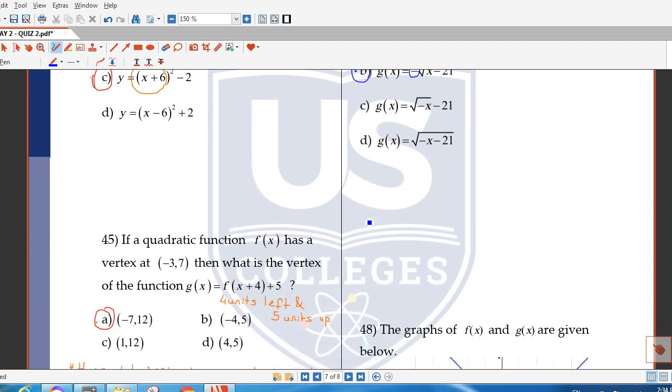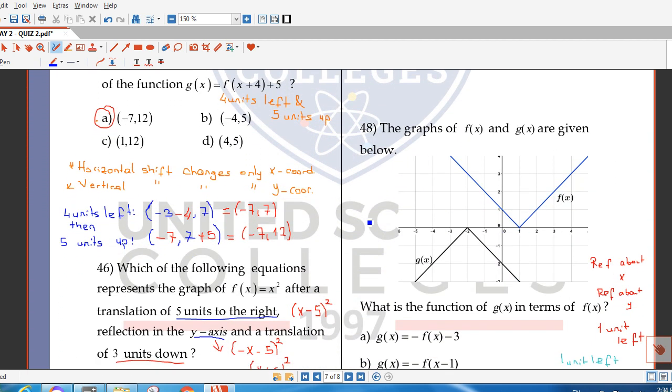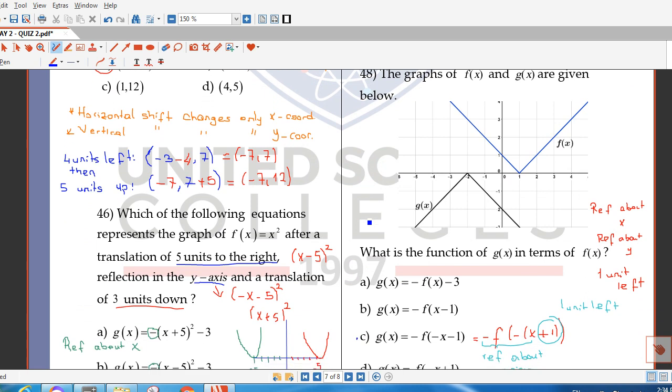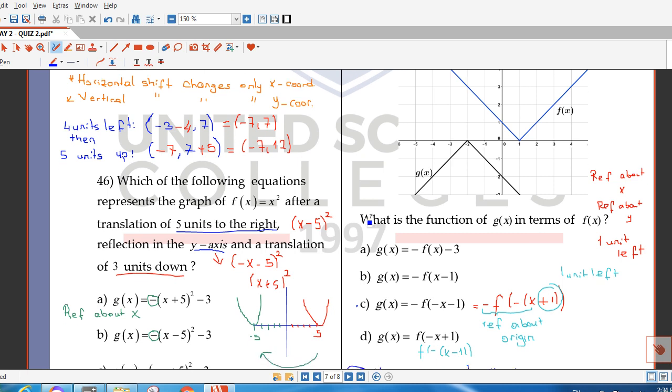Answer is B. Question 48. Two functions are given. To get function g, which transformation is necessary? From f to g, what happened? There's a reflection about x, and then reflection about y, and then one unit to the left.